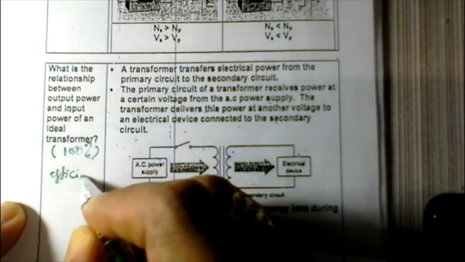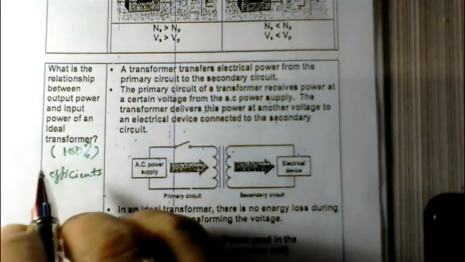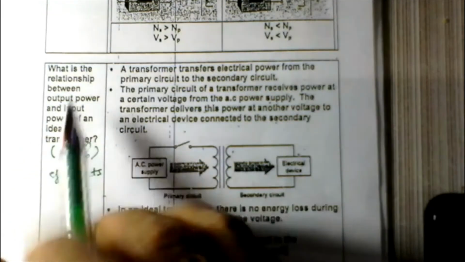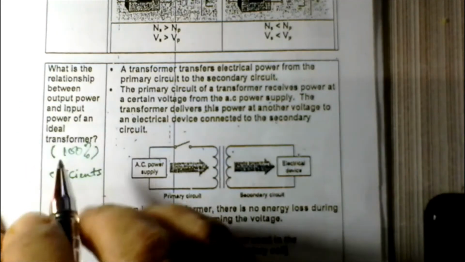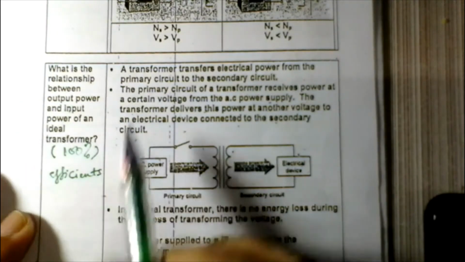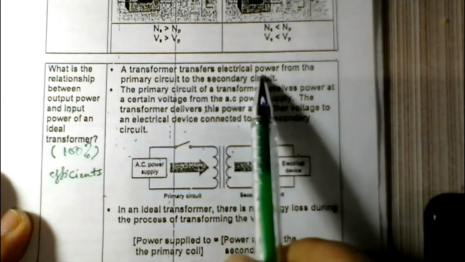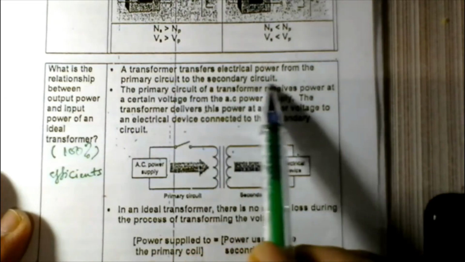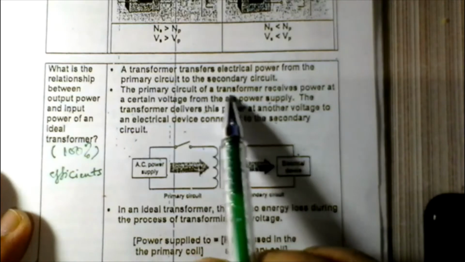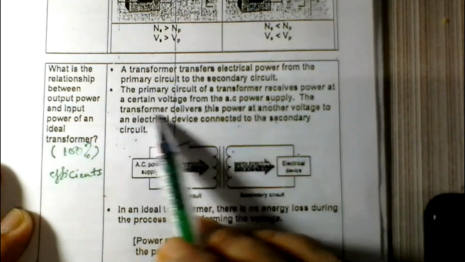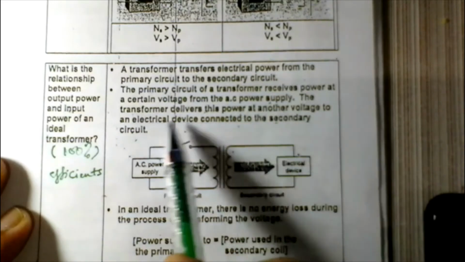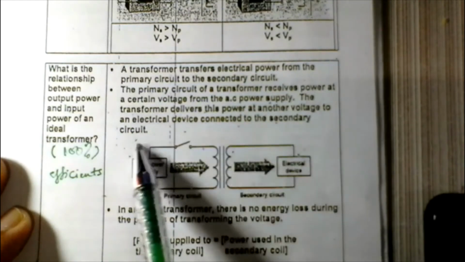Meaning all the power that's supplied to the input or primary coil is equal to the output power in the secondary coil. Okay. So a transformer transfers electrical power from the primary circuit to the secondary circuit. The primary circuit of the transformer receives power at a certain voltage from the AC power supply. The transformer delivers this power at another voltage to the electrical device connected to the secondary circuit.